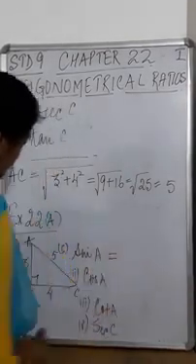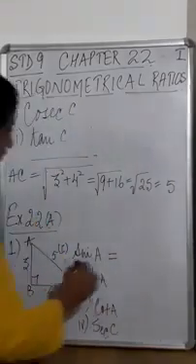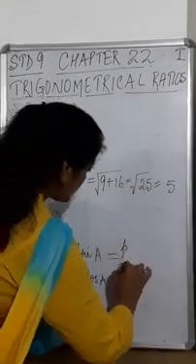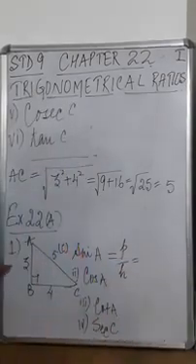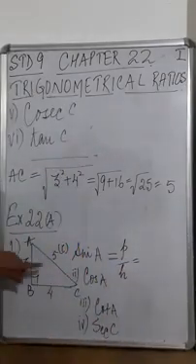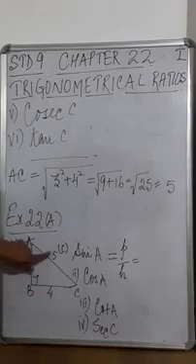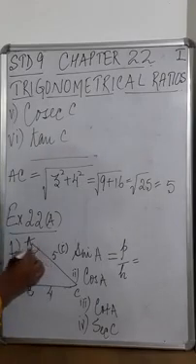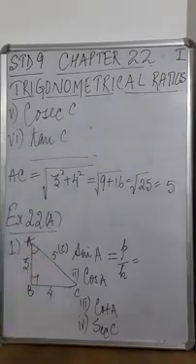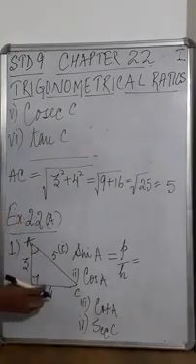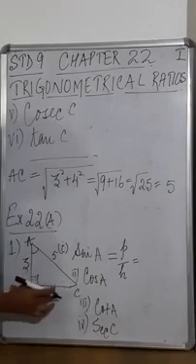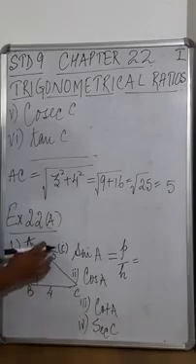Sin A will be equal to perpendicular by hypotenuse. For the angle A, 4 is the perpendicular side and 5 is the hypotenuse.